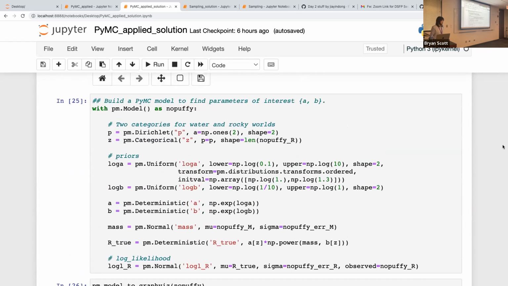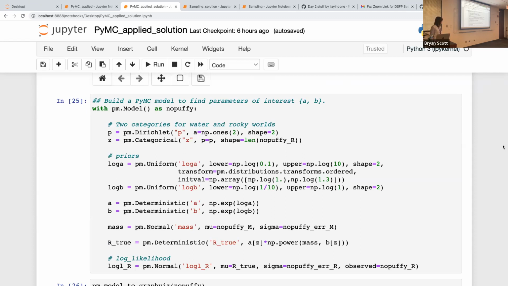What we are doing here is, we don't know which system belongs to which world. So a certain planet could be either a rocky world or a water world, or the solution is degenerate, it could probably be some component of both.